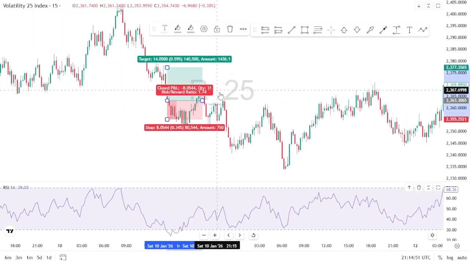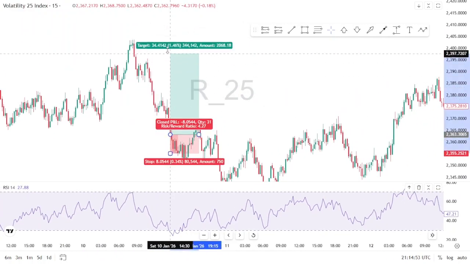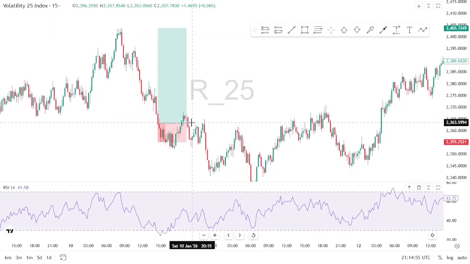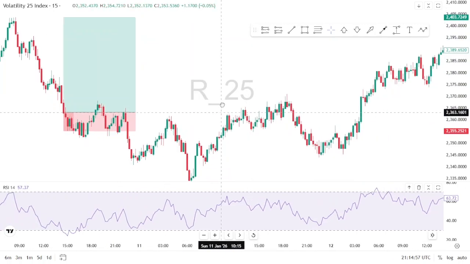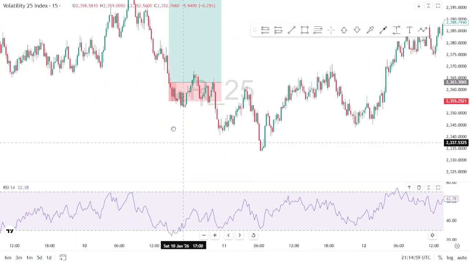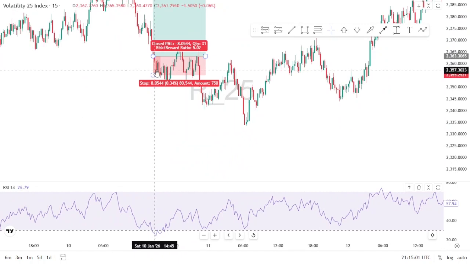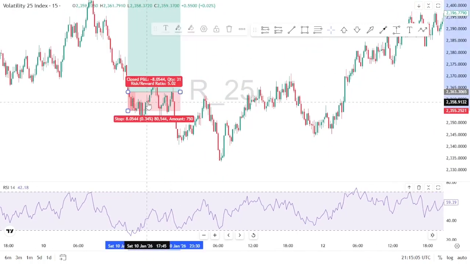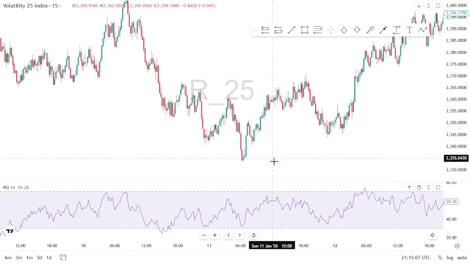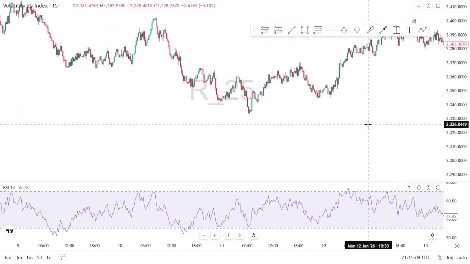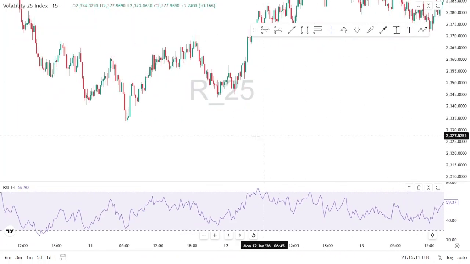This was me trading RSI without using any other price action strategy or method to take risk to reward ratios, and this is not a defined or predefined stop loss level. You can see that. So when you combine this, it becomes very easy to trade these synthetic indices.